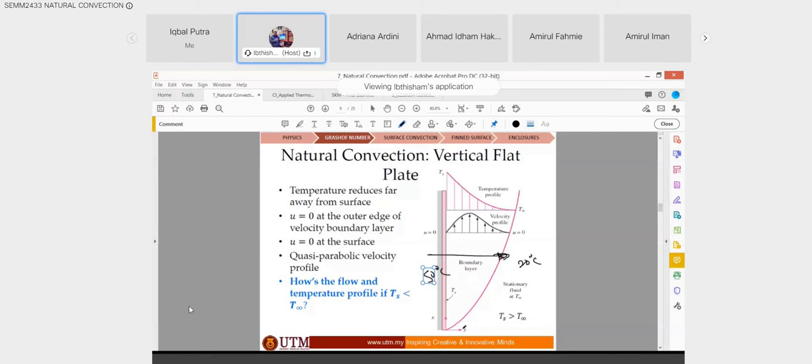Due to the no-slip boundary condition, again, a velocity profile develops, and after a certain point you will get a velocity profile that looks like this, fully developed. And the temperature profile will look like this: higher on one side and similar to the ambient temperature on the other side.